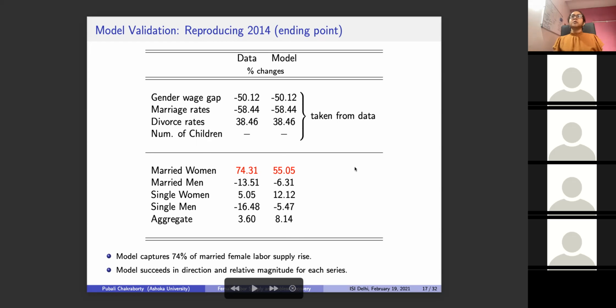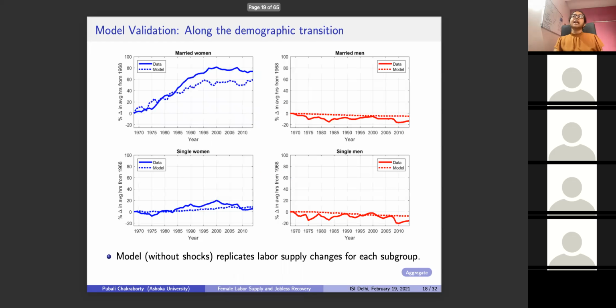Okay, so this was just in terms of the steady state comparison. Let's look at what my model says in terms of the demographic transition that takes place. In each of these, I have plotted for each of these different groups the data and the model counterparts for percentage change in average hours from 1968.